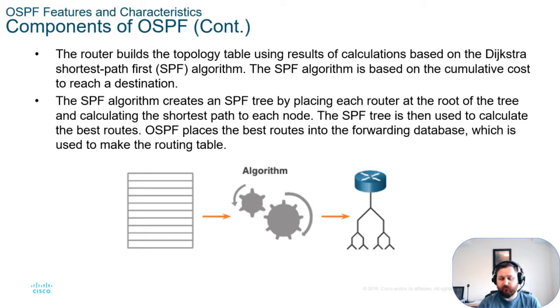And 10 gigs, 100 gigs, that wasn't even thought possible. So the problem with the shortest path first algorithm is that it doesn't know how to differentiate between, say, a 100 gig, a 10 gig, or a 1 gig pipe. They all look the exact same to OSPF by default. We can change that, but that is something to keep in mind.